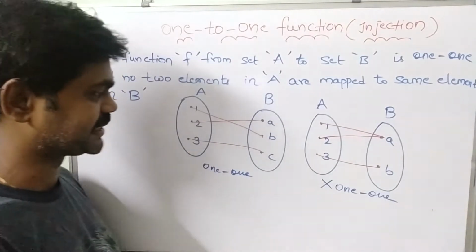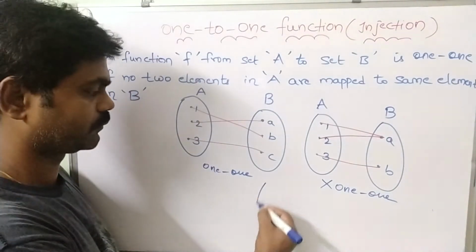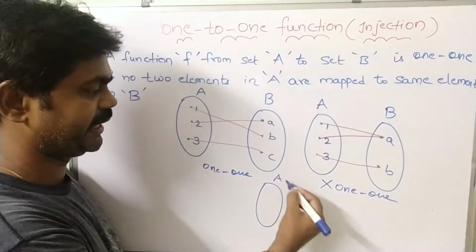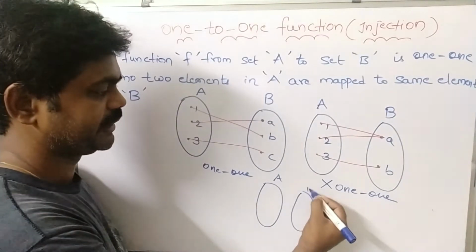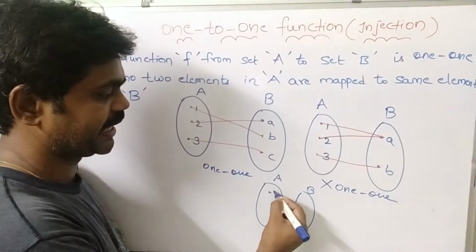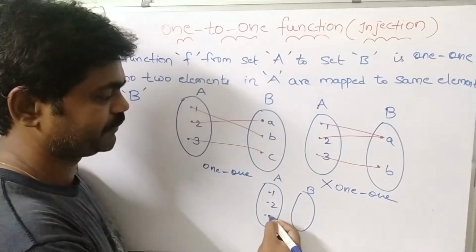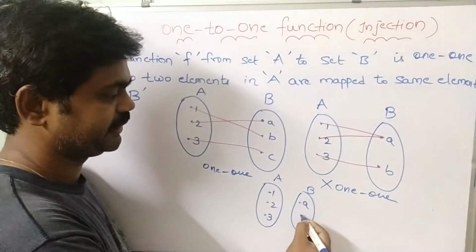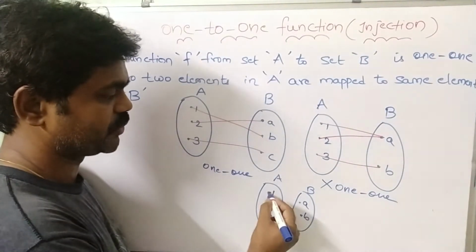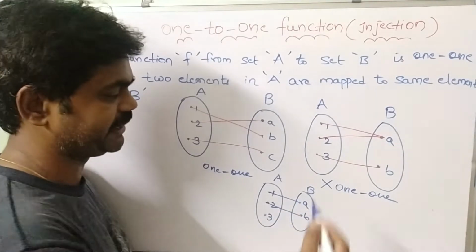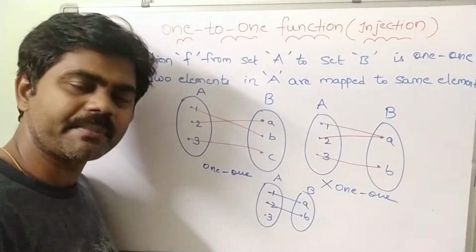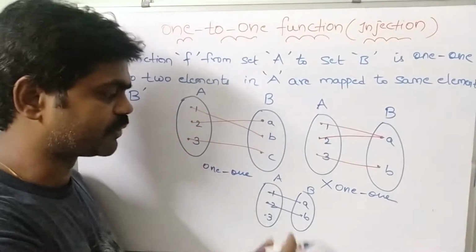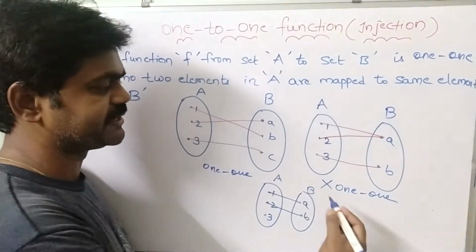Now let's take another example. A, B, here I have 1, 2, 3, a, b. So 1 is mapped with a, 2 is mapped with b. 3 is not mapped with anyone, that's not an issue. This is also one-to-one. So the formula, how can we say that?